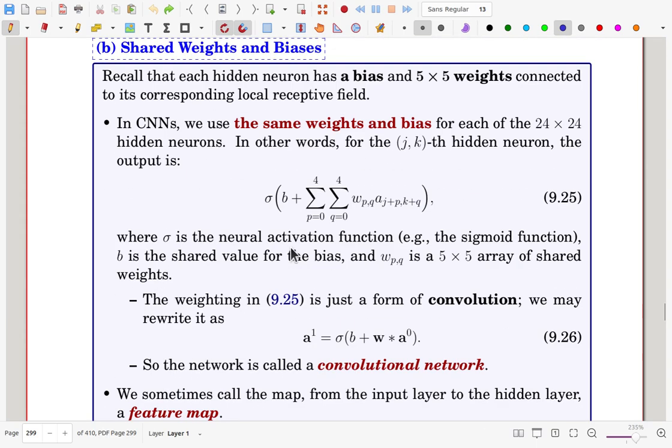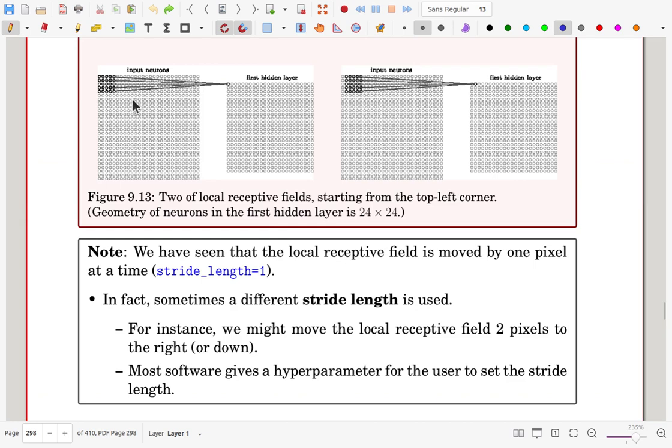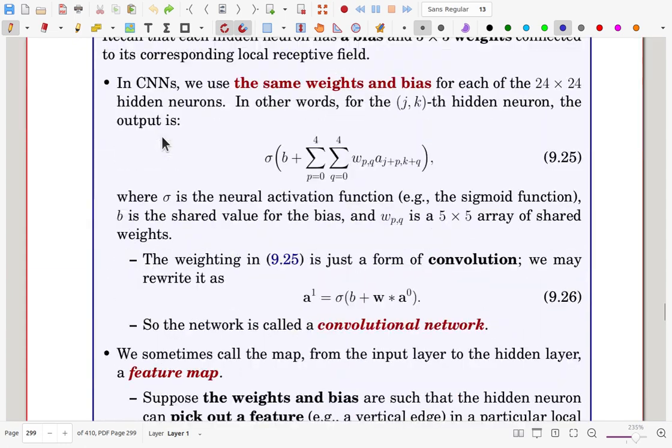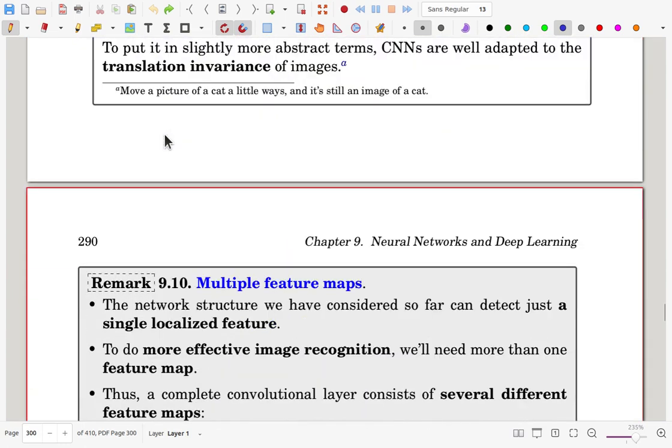For example, the right part is positive 1 and the left part is negative 1. Then it is a kind of measuring horizontal derivative, and so it can pick out the vertical line, because around there the derivative will change.